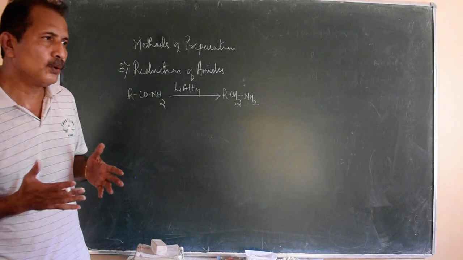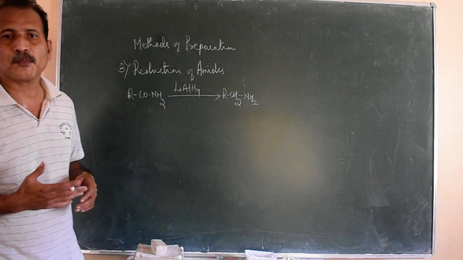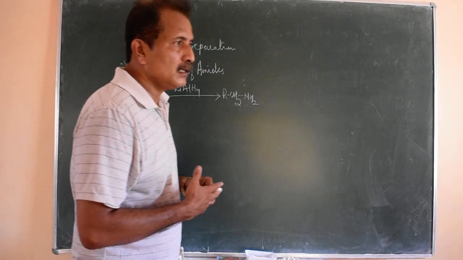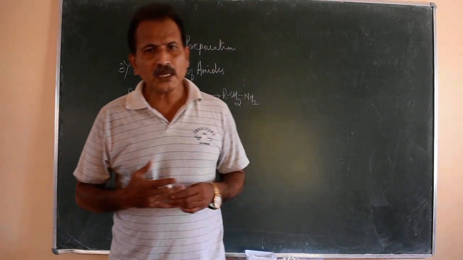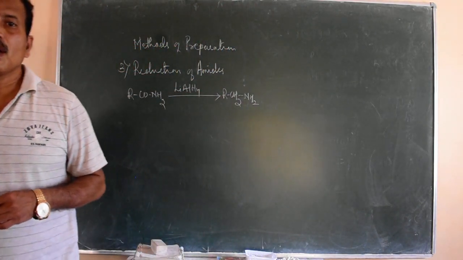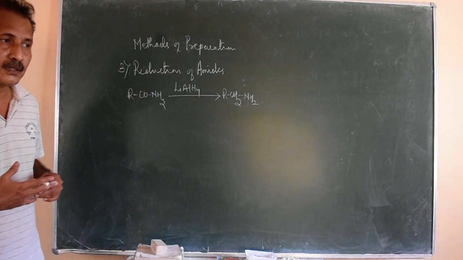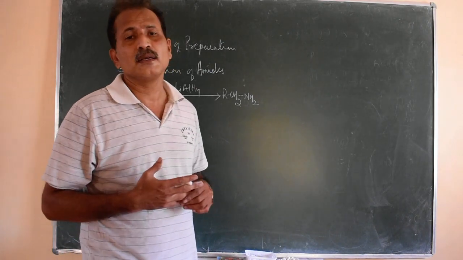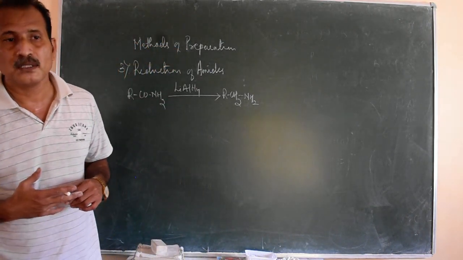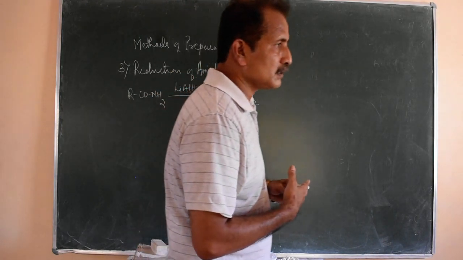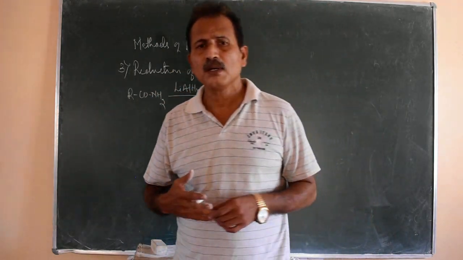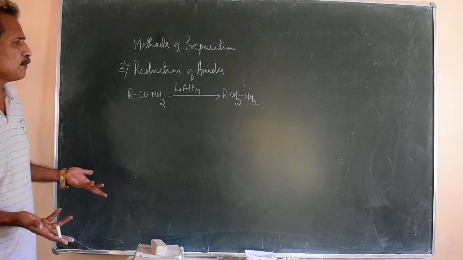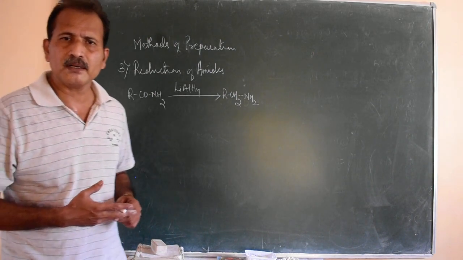And there will be a lone pair of electrons, an unshared pair of electrons, on the nitrogen atom, and because of that the C-N-C bond angle is not the standard bond angle, that is, it is less than 109.28. In fact, for the tertiary amine, that is triethylamine, it is seen that it is around 108 degrees. Okay, so the structure is almost the same as ammonia, it is almost pyramidal in nature.